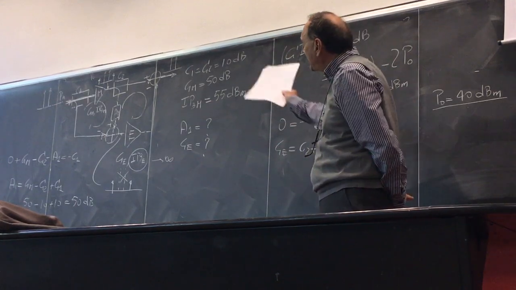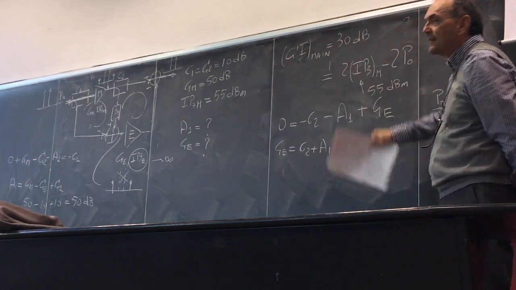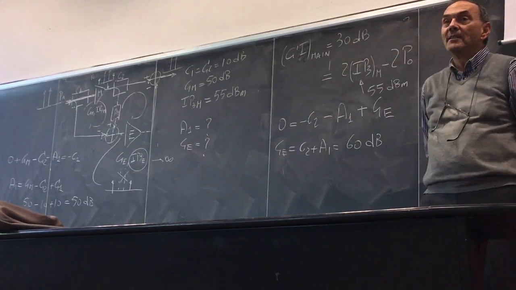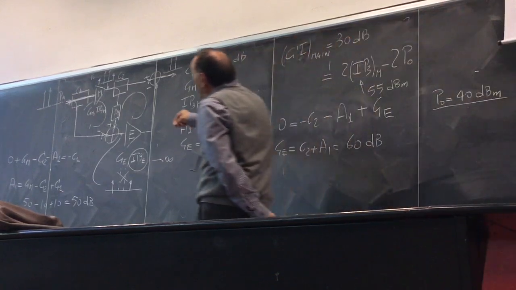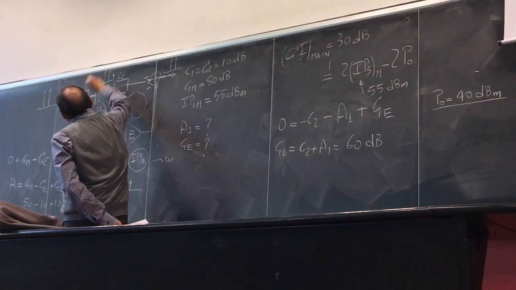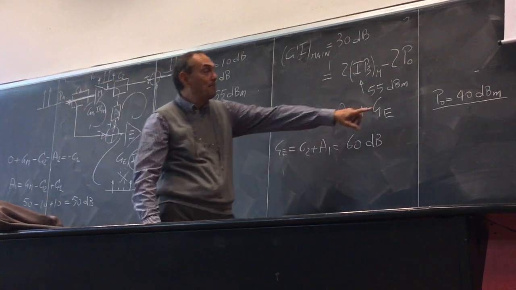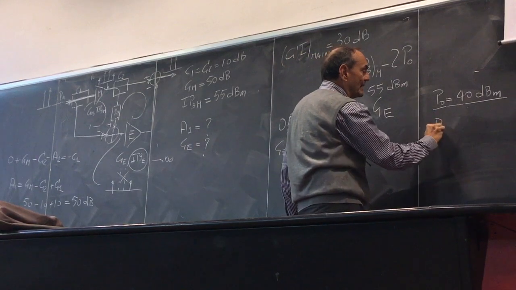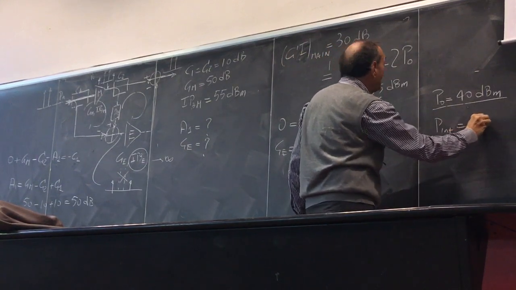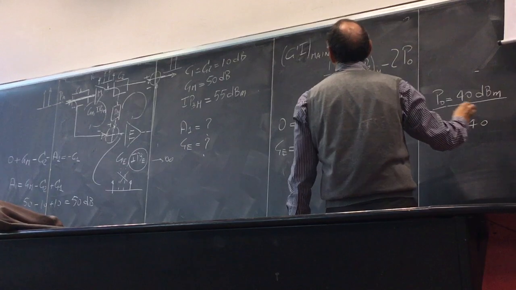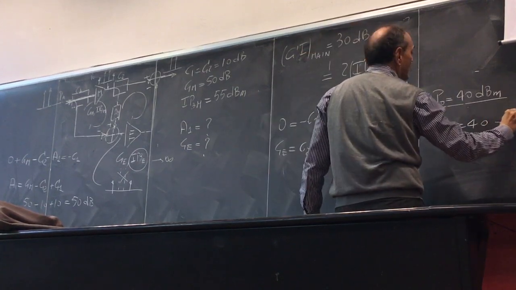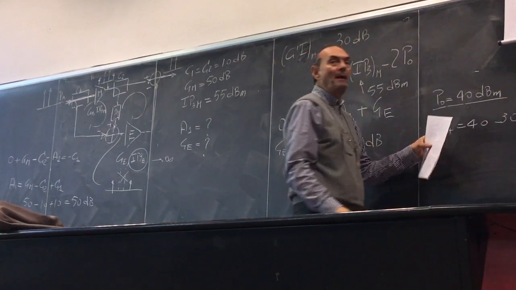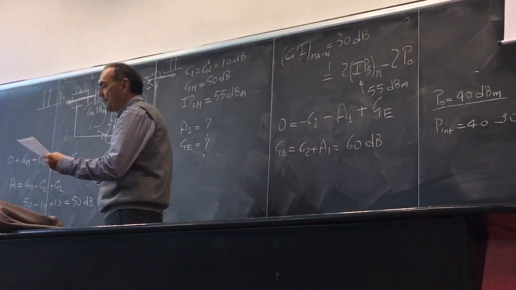Let's observe what are the parameters we know. Carrier to intermodulation is just the difference in dB between the main line and this line. So if you know that P0 is 40 dBm, the power in the intermodulation term is 40 minus 30, that is 10 dBm. This is the power in each intermodulation line.